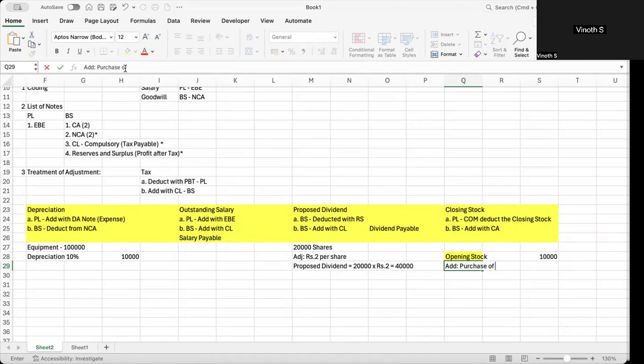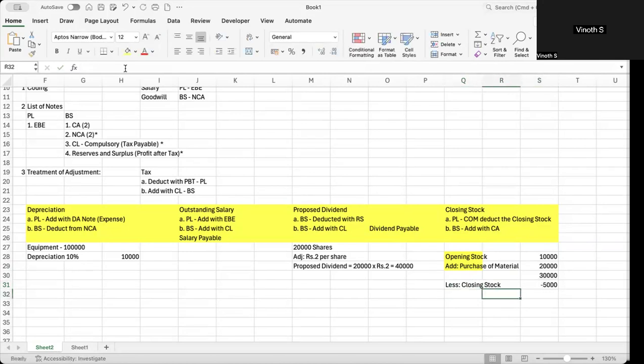Add purchase of material or raw material. Assume it is 20,000. So total how much is available? 30,000 is available. From here, less closing stock of 5,000 rupees, minus 5,000. That means your cost of material is 25,000.